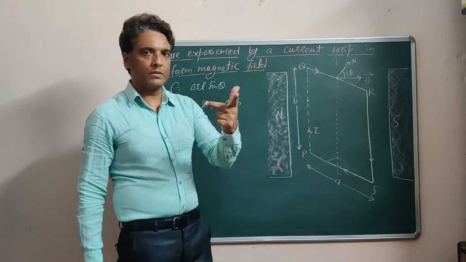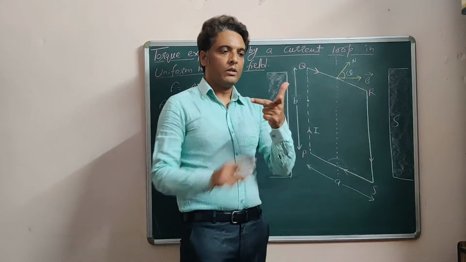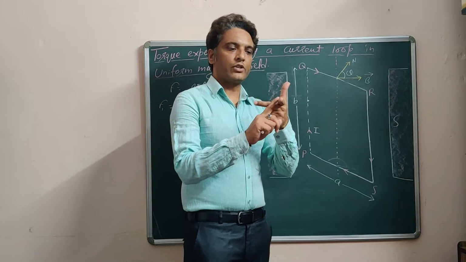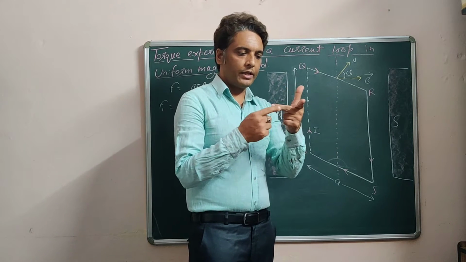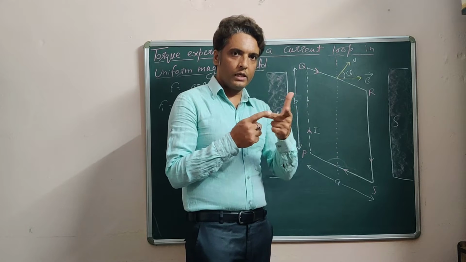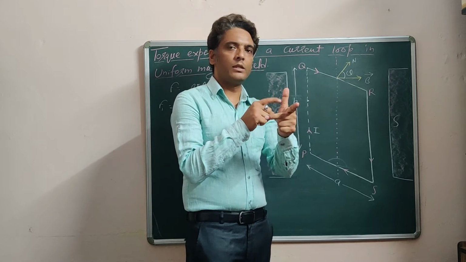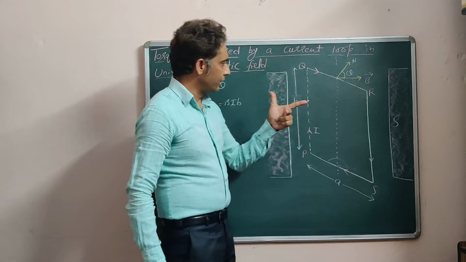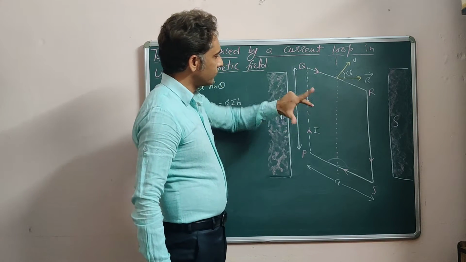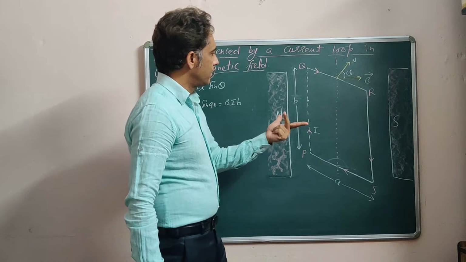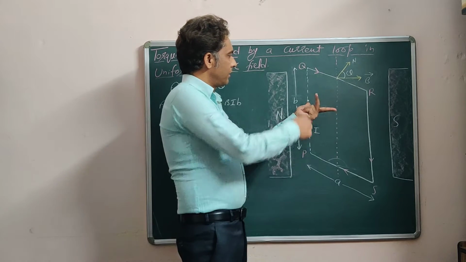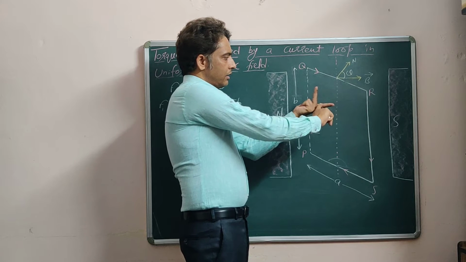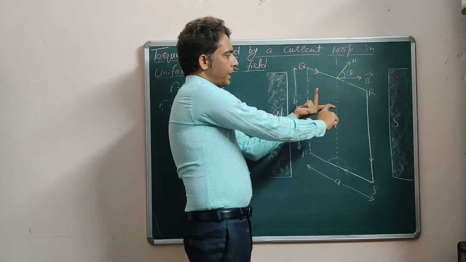If we apply Fleming's left hand rule, let this finger point in the direction of magnetic field, the middle finger represents current, then the direction of force is represented by the thumb. So if we apply this rule, we can see that this finger points in the direction of current, this finger points in the direction of magnetic field.